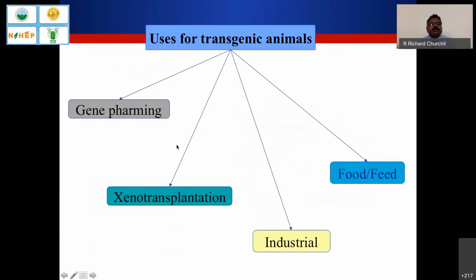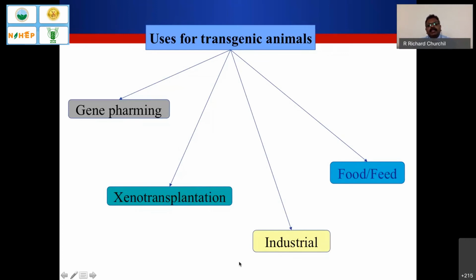Now, the uses of this transgenic animal. There are many uses like gene farming to produce many pharmaceutically important molecules, and xenotransplantation, that is transplanting organs to human beings, even blood from species to species.